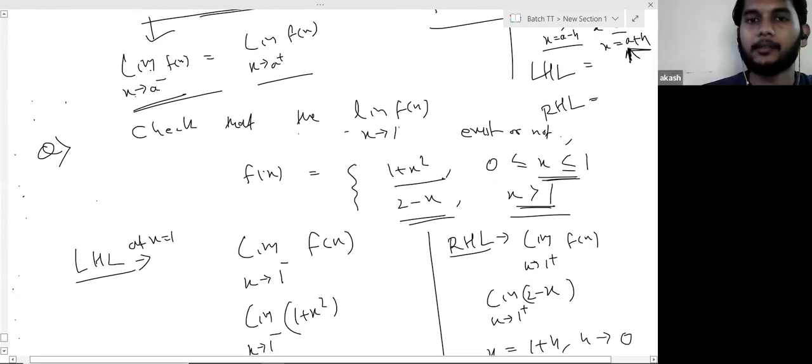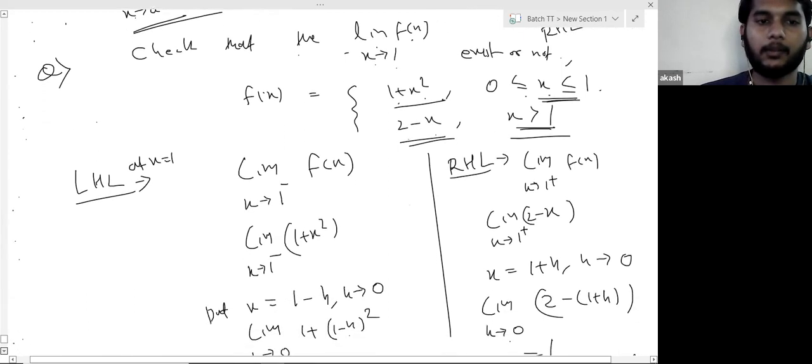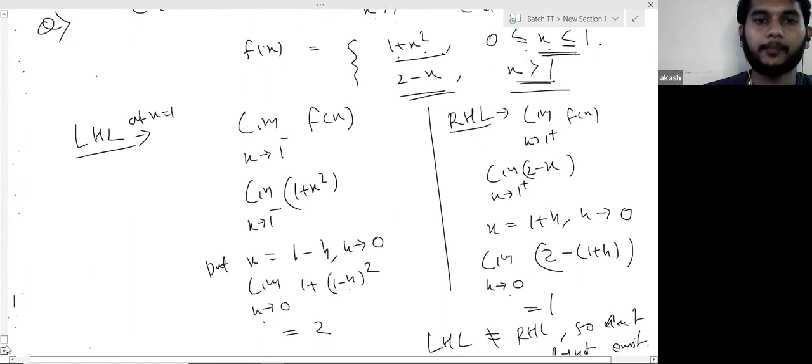All right, so we solved one question. Check whether the limit of f of x as x tends to 1 exists or not. The function was given as 1 plus x squared when 0 is less than or equal to x is less than or equal to 1, and 2 minus x when x is more than 1. So we try to find LHL.